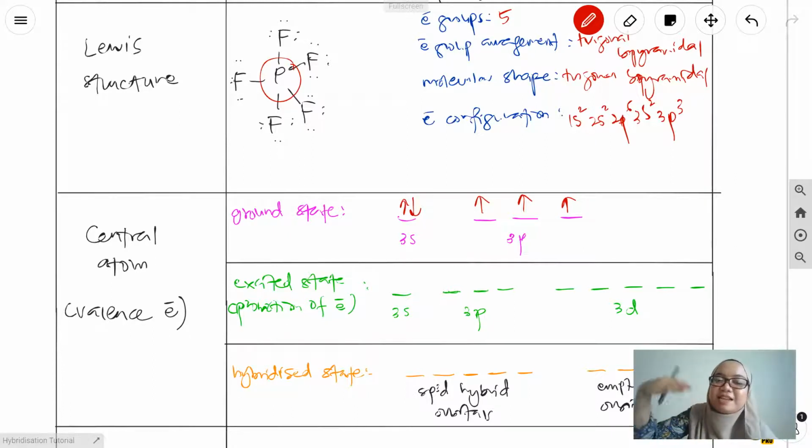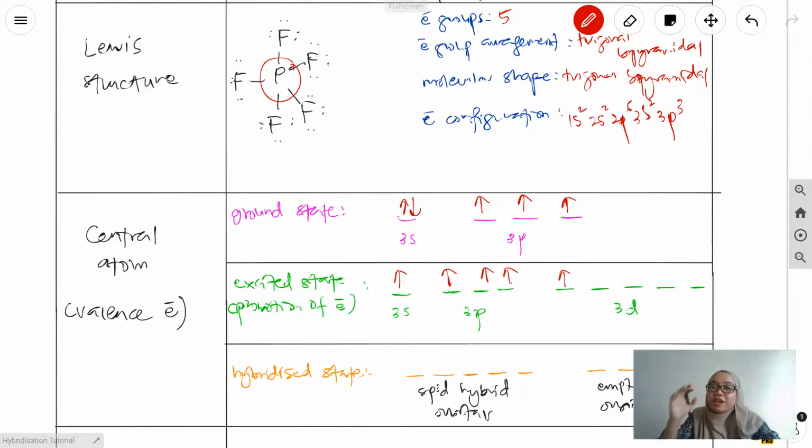Since P is at period 3 in the periodic table, it has empty d orbitals, so it can expand its electrons into the empty d orbital. So now at excited state, one electron from the 3s orbital will be excited to the empty 3d orbital here. So at excited state, it will have 1, 2, 3, 4, 5.